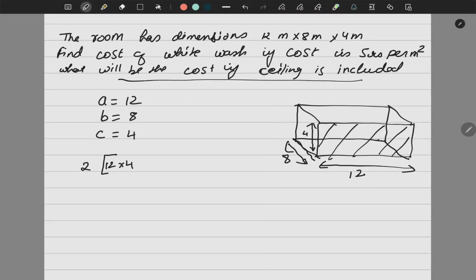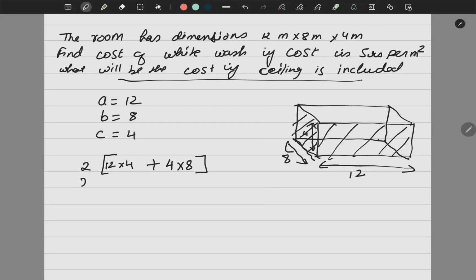Correct? And the back side also is the same wall. That's why outside the bracket I am putting 2. Then plus, okay. Now plus I am taking the side one. So side one will be 4 into 8. Right? So side one is this one. I am not interested in top and bottom right now, presently.